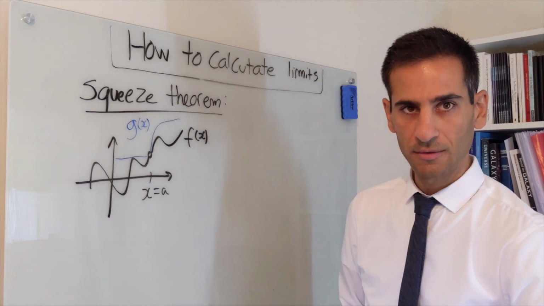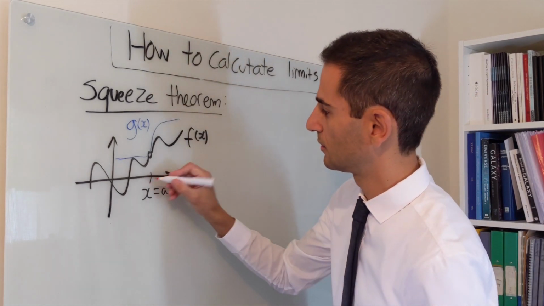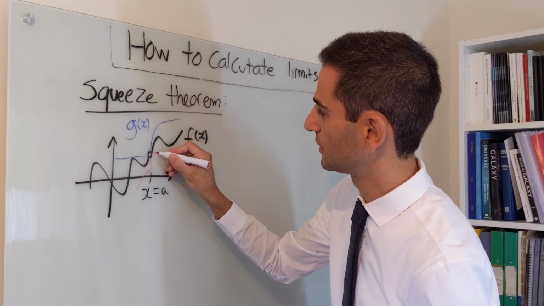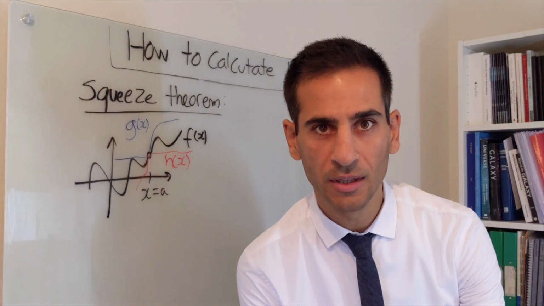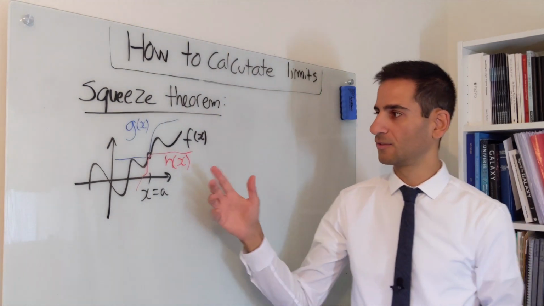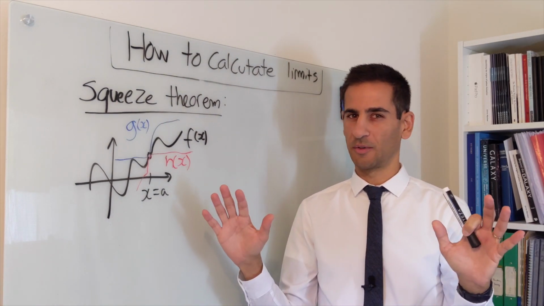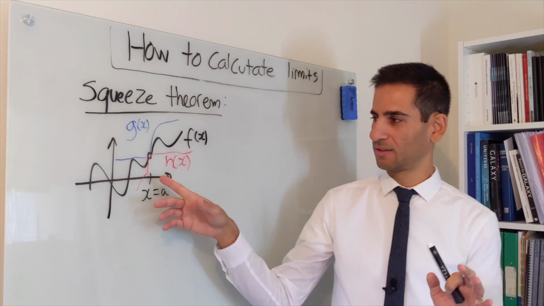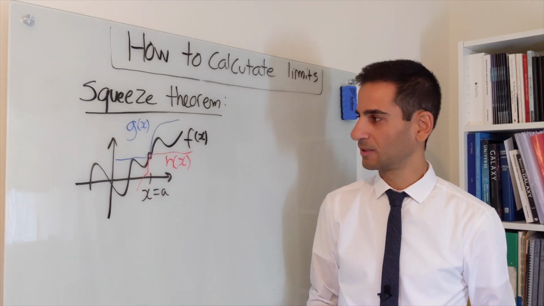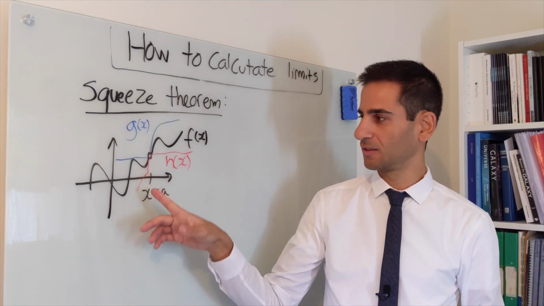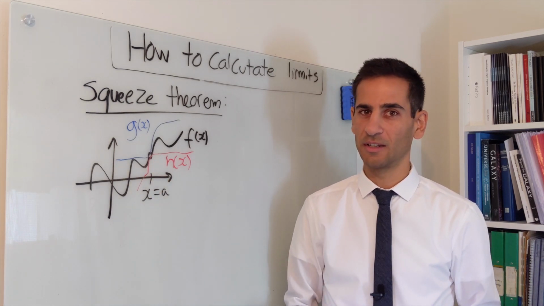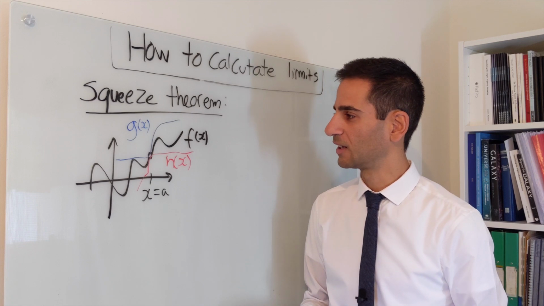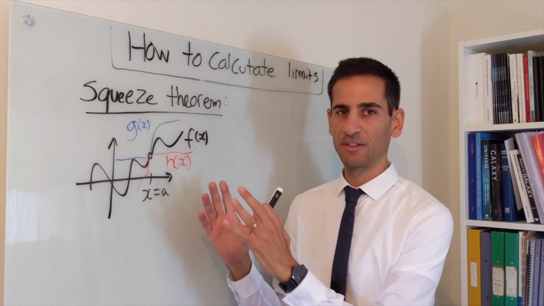And another function, h of x, that brackets the function from this side. Now if we have functions defined this way, and this is a completely arbitrary example, that's really weird, and I had to amend it multiple times because this was no longer a function, because x was returning different values of y, which means it would not be a function at all. But just go along with it.